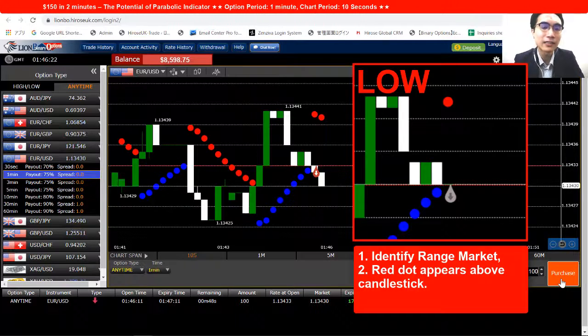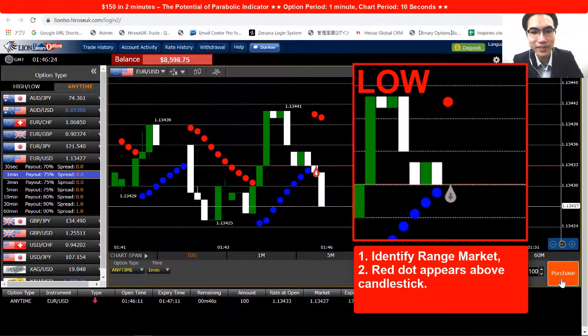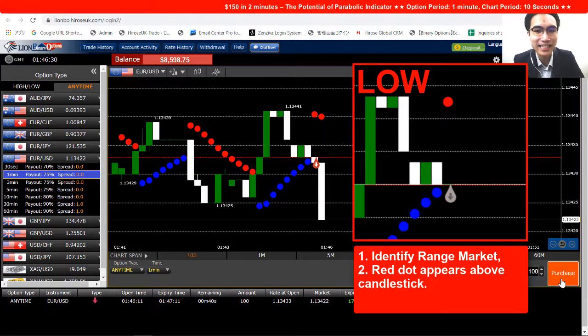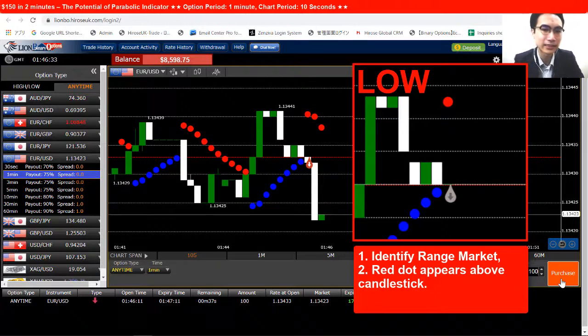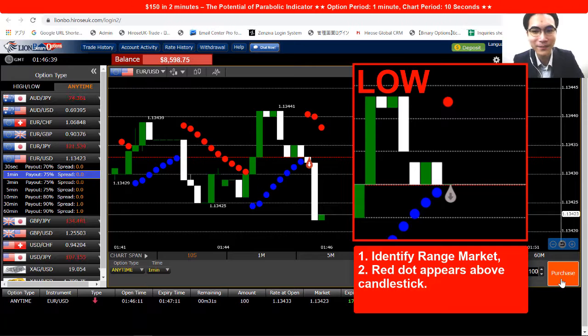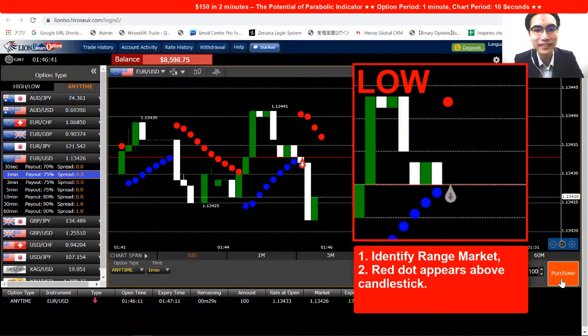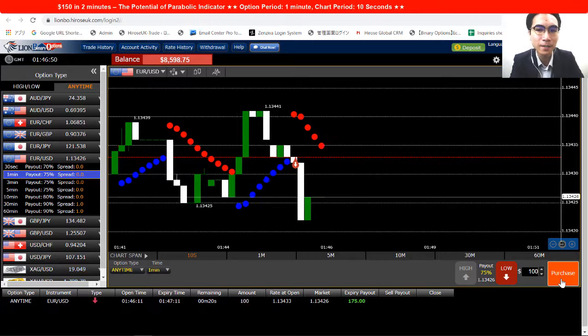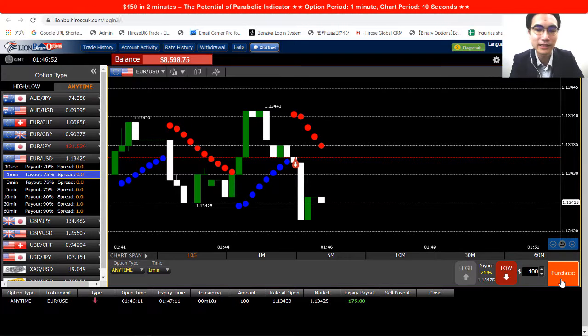The timing for you to open low is, first of course, you need to confirm the market is in a range market, and second, you take a look at the dots in the parabolic indicator. If the red dot appears on top of the candlestick, you will open a low position. Just that simple, and that's all you need to know about the entry timing by using this indicator.